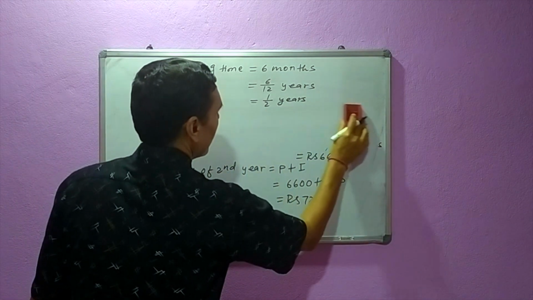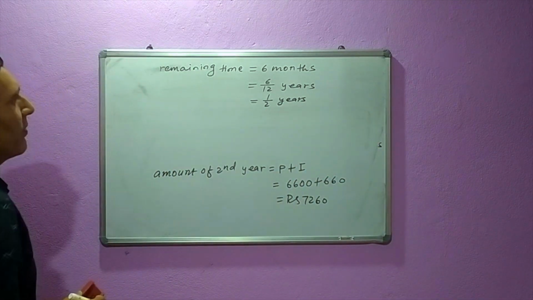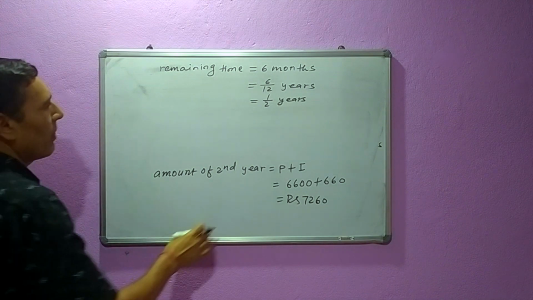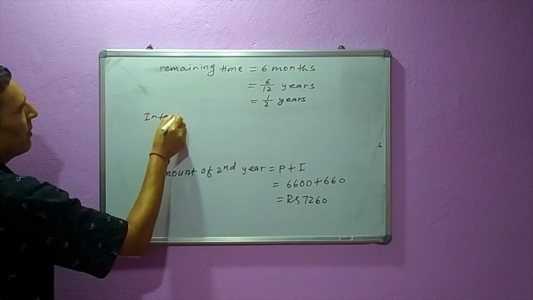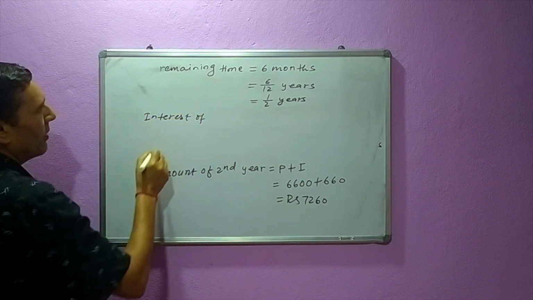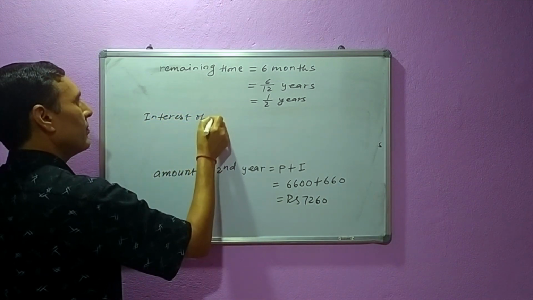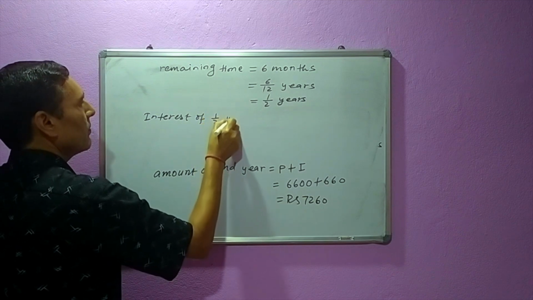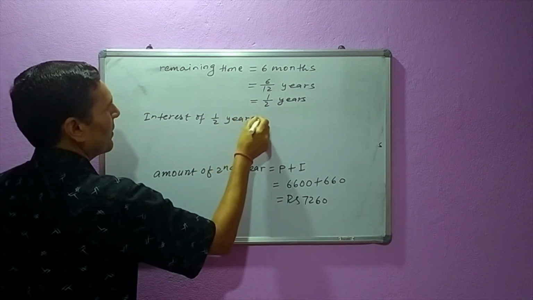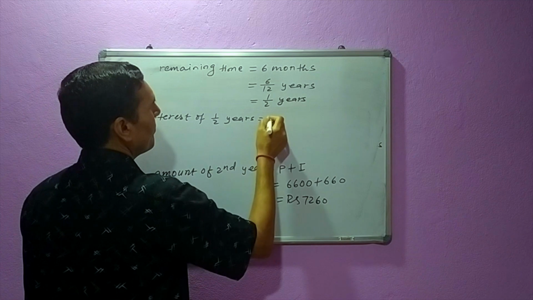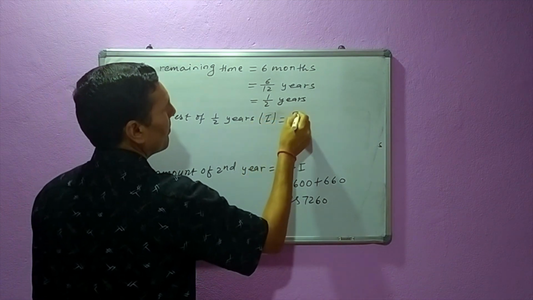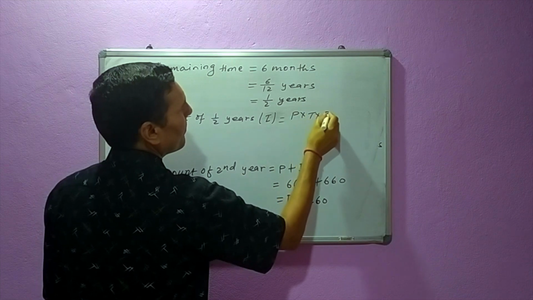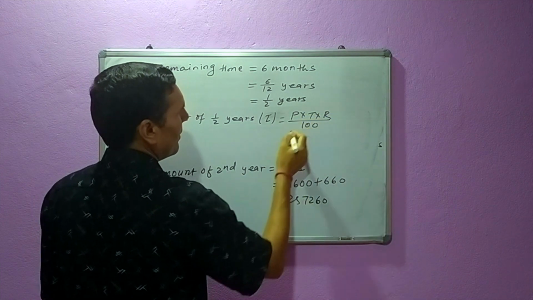Now we calculate the interest for half year. Again, I is equal to P into T into R upon 100.